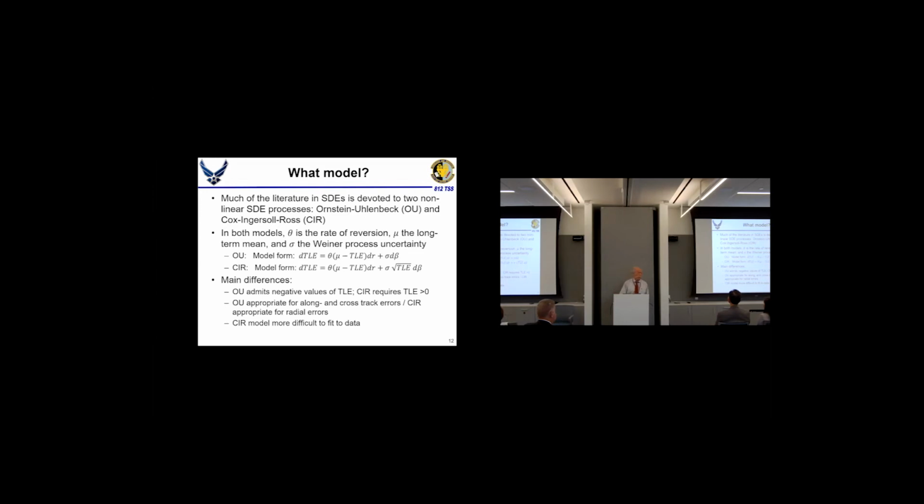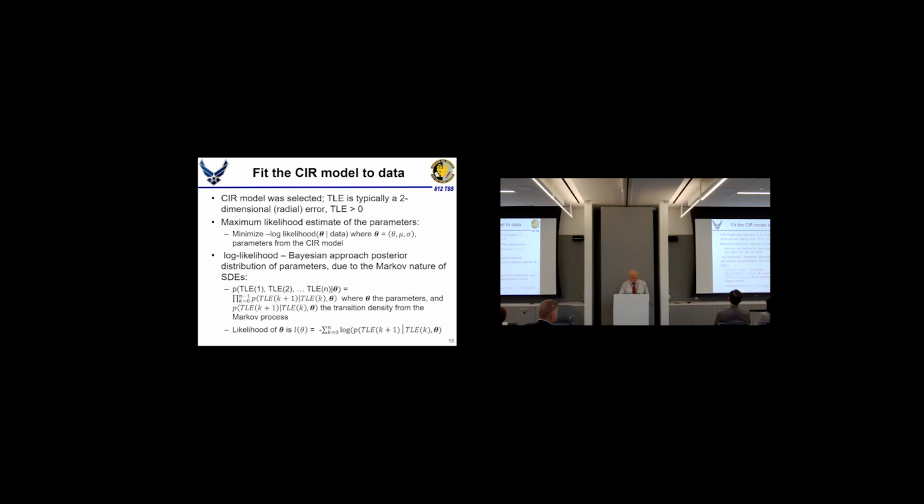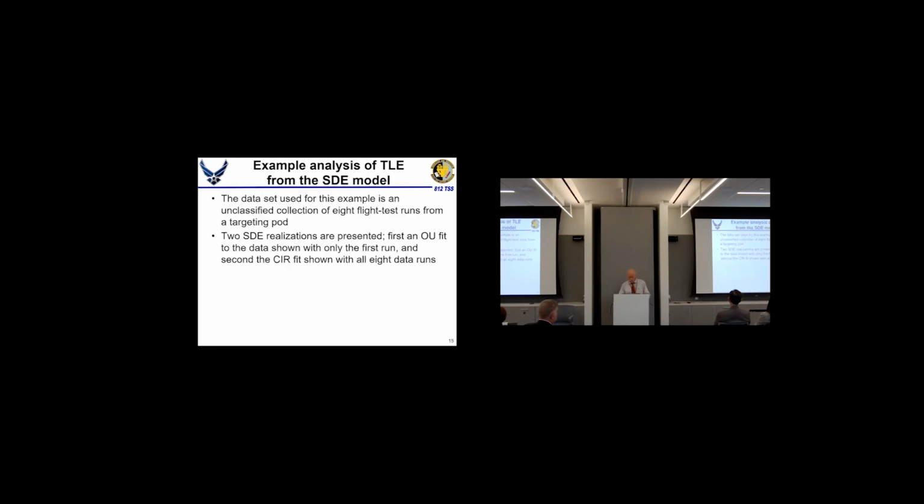There's the OU, which is the Ornstein-Uhlenbeck model used in finance. There's CIR, which is the Cox-Ingersoll-Ross model, which is used in finance as well. And the only difference is including some function of range in the dispersion part of the random walk. And there's a couple other aspects of it, and then of course there's an issue, you've got to fit the data.